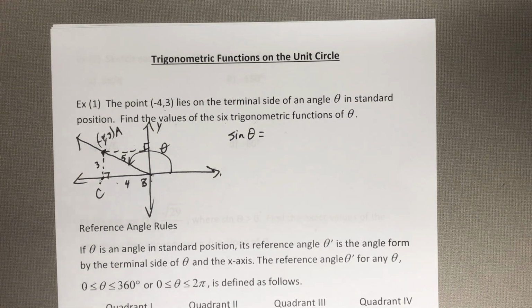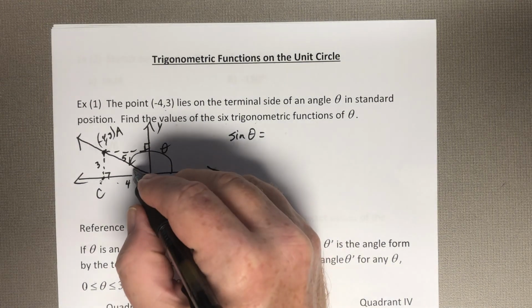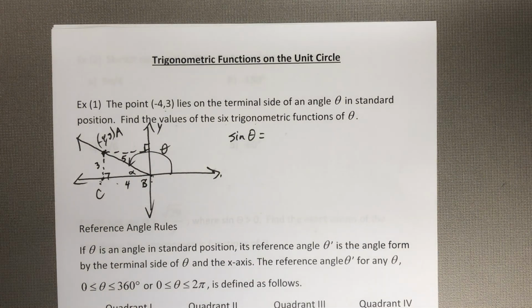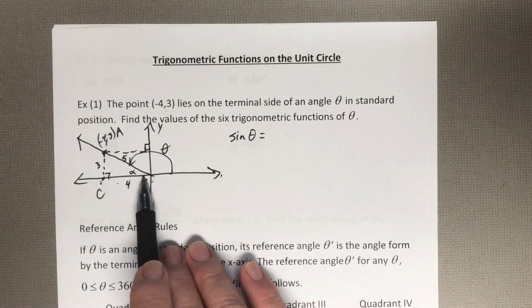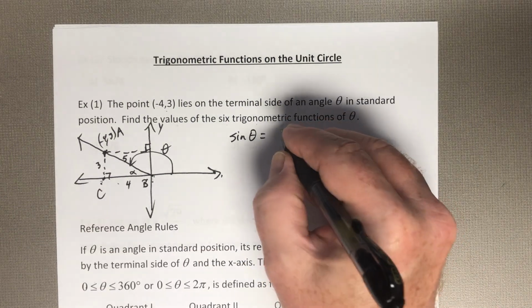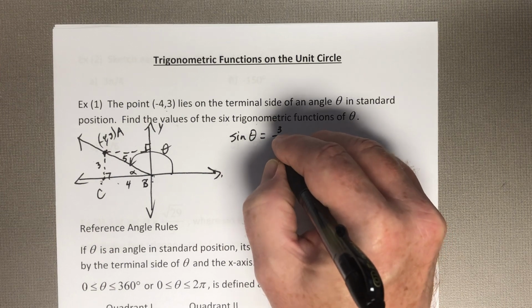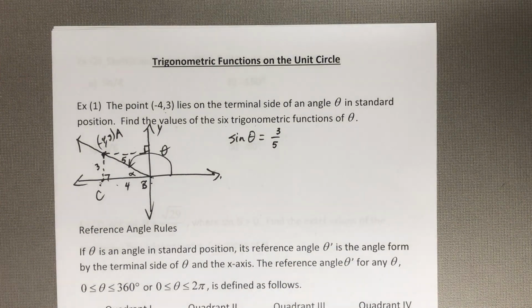Now if I want the sine of theta, I can use this angle right here. I'll just use that angle as my reference angle. I want the sine of that angle. Well, the sine is the opposite, which is 3, divided by the hypotenuse, which is 5. So there's my sine.